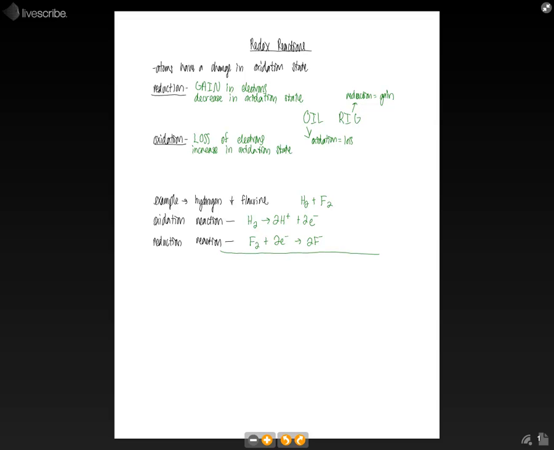And so if we combine this into our single equation, we get H2 plus F2 plus 2 electrons yields 2 H+ plus 2 F- plus 2 electrons again.